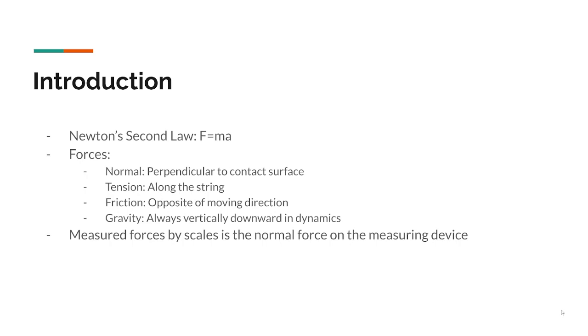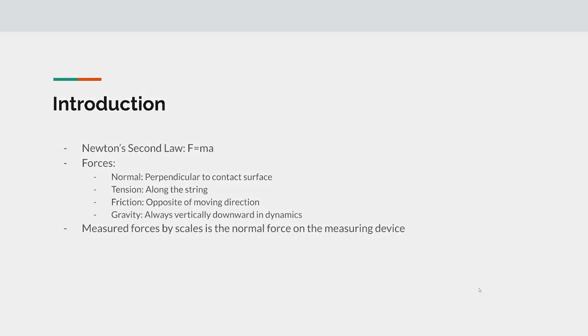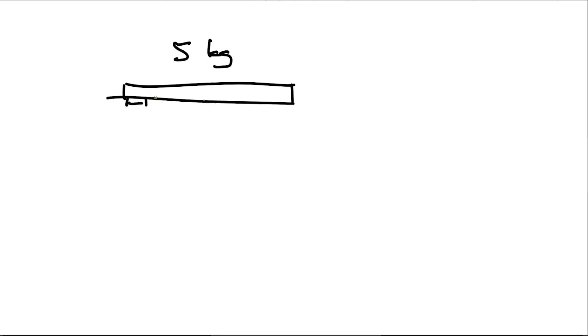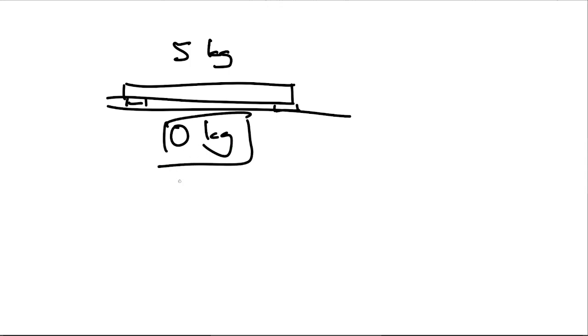So I'm going to do an example of this, just because I don't think I have one on here. Let's say we have some sort of scale, and the scale is 5 kilograms. When we place it on the ground, it's normal, so it immediately displays 0 kilograms, right?